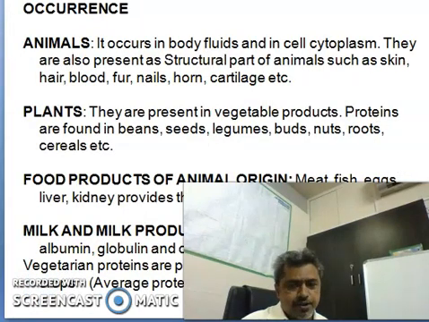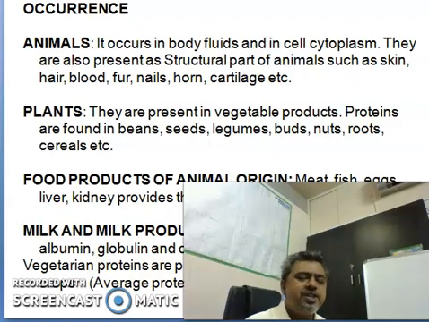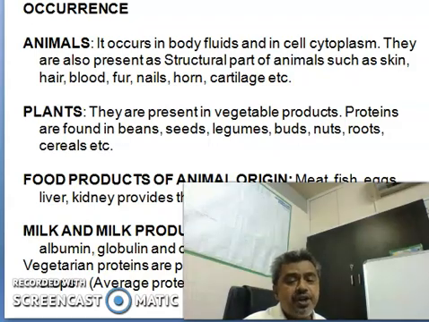Now, how does it occur, where is protein found and how are we utilizing it? It is found in animals and plants. Plants are eaten by animals, and animals are eaten by human beings too, but plants are food materials as well. Many food materials, of animal or vegetable origin, have protein content.